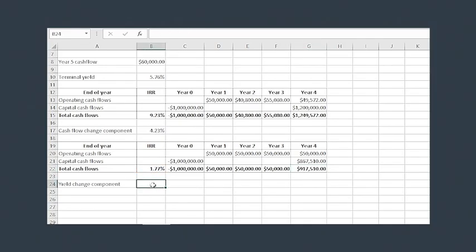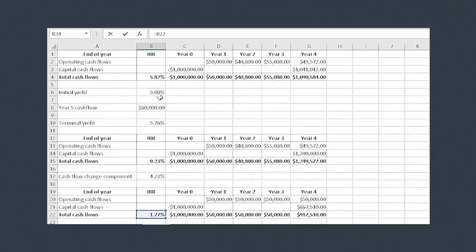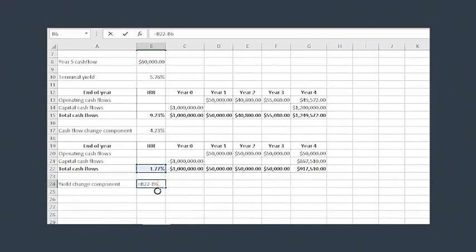The yield change component of the IRR is, again, only the incremental difference relative to the initial yield caused purely by the yield change, with cash flow held constant. So, we subtract our 5% initial yield from the 1.77% IRR we just computed. This gives you a yield change component of negative 3.23%.